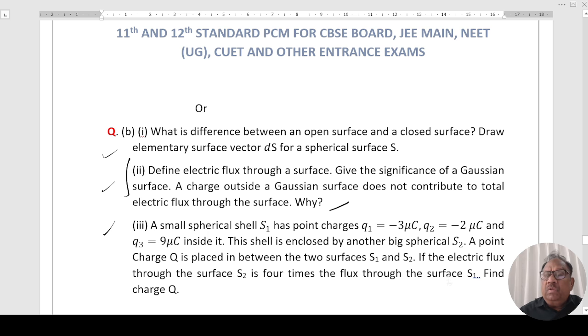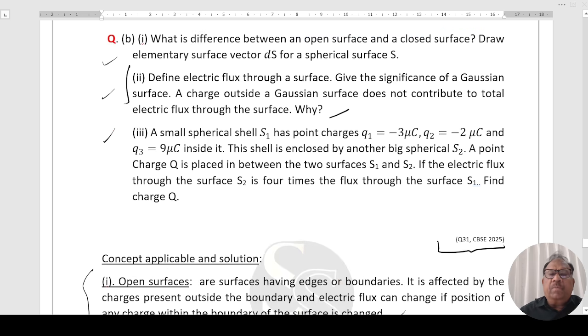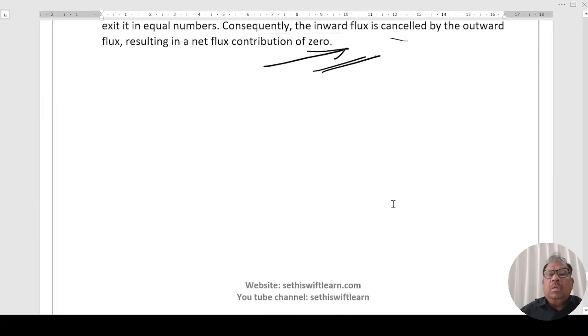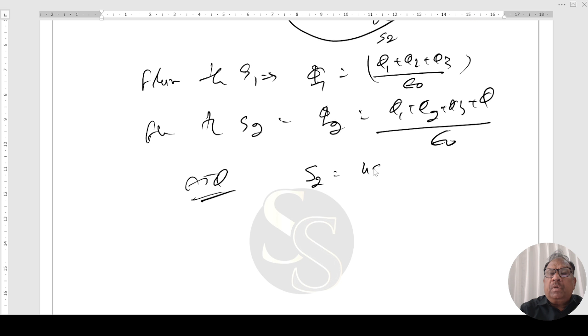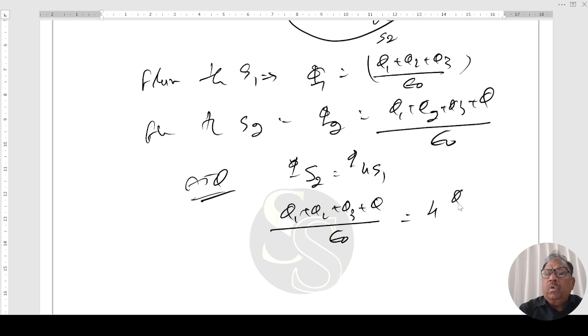Phi 2 is equal to 4 phi 1. That means (Q1 plus Q2 plus Q3 plus Q) divided by epsilon naught is equal to 4 times (Q1 plus Q2 plus Q3) divided by epsilon naught.